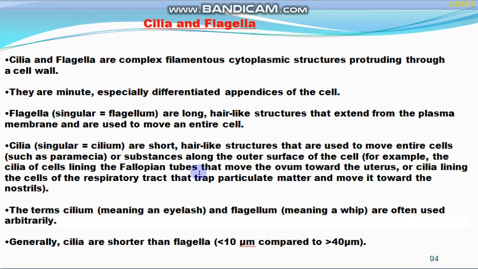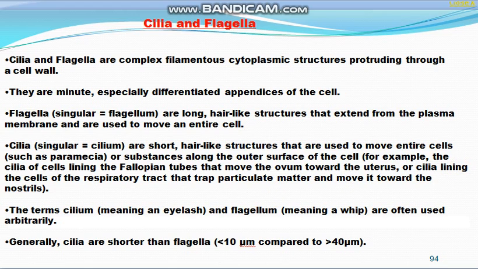The fallopian tube is a structure in the female reproductive system, and the cells lining it have cilia which move the ovum towards the uterus, and the cilia lining the cells of the respiratory tract help trap particulate matter and move it towards the nostrils.